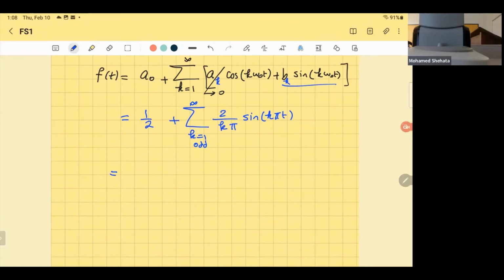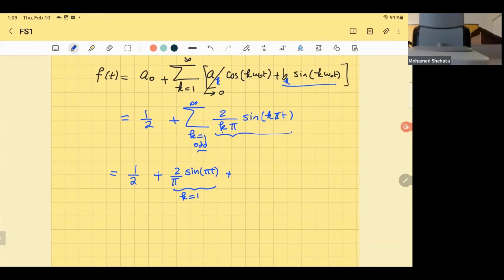So you have 1/2 plus, put k equal 1 in this expression. When you put k equal 1, you have 2 over pi sine 1 pi t. Don't use k equal 2, because we said this expression is only for odd. We'll prove that. So I take k equal 3.